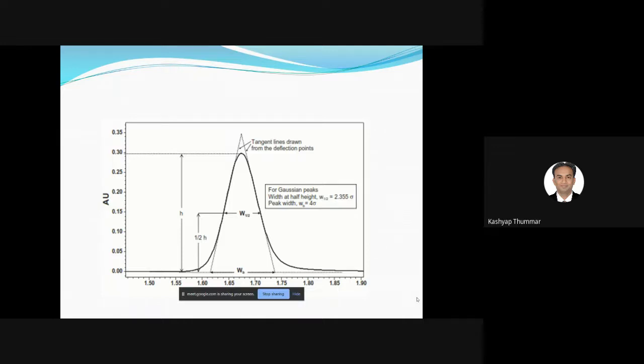Every chromatographer aims to achieve a Gaussian peak, always trying to achieve a sharper peak. Any kind of response is not acceptable. Only the Gaussian, ideal peak shape is acceptable for the chromatographic conditions.